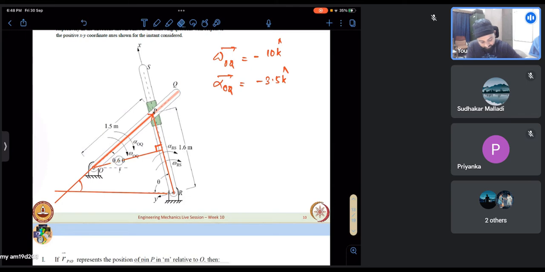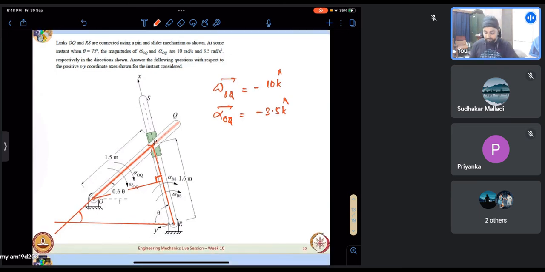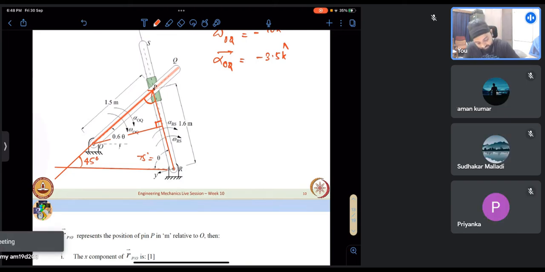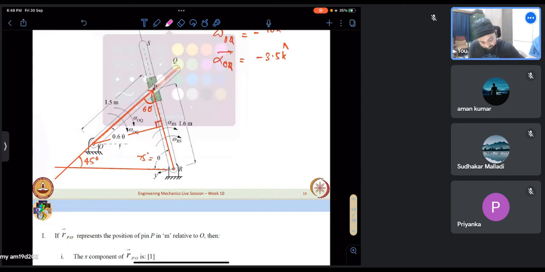In case you didn't see it there, I'll just erase it. It gives 0.6 theta. So when theta equal to 75 degrees, 0.6 is 45. So this is 45 degrees. This is 75. So this angle is nothing but our 60 degrees. Now in this triangle, if this is 60, this is 90, then we can see that this is 30 degrees.